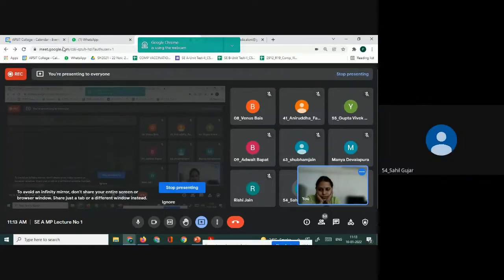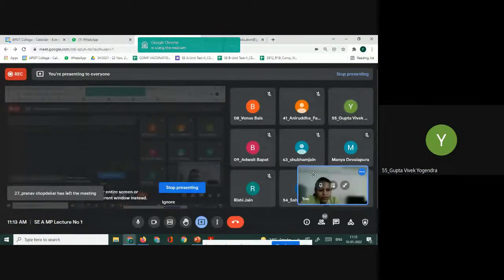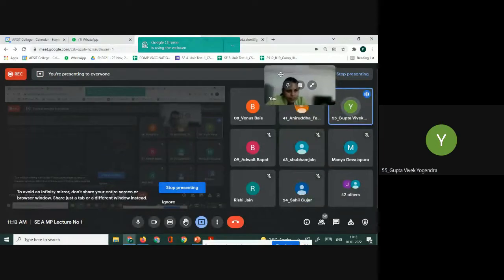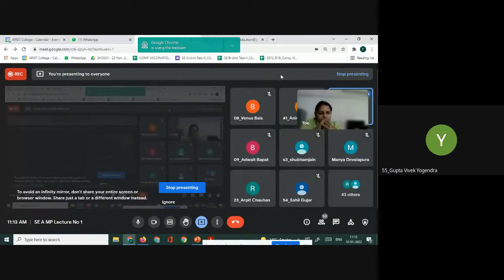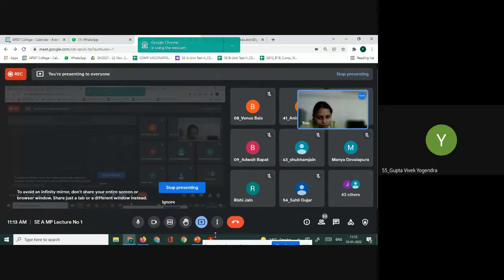Ma'am, to learn about the arithmetic and logic regarding data processing. Okay, very good. Any other inputs? It is the most basic part of a computer, as microprocessor kits were the first kind of computer we can say. Okay, who gave the answer? I'm not able to make out. Vivek.